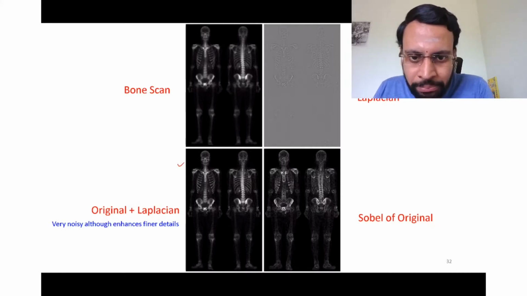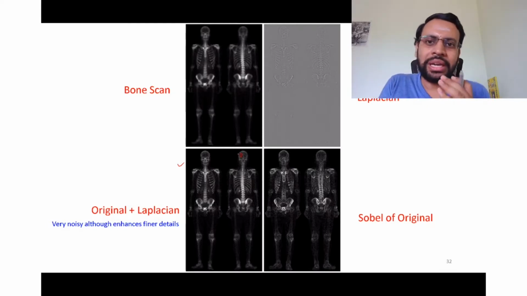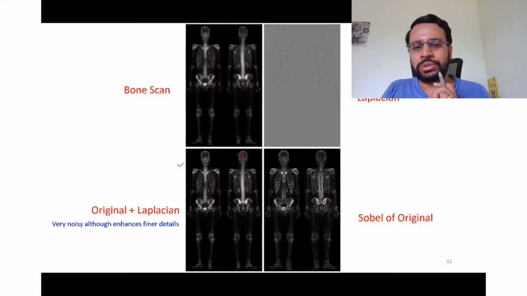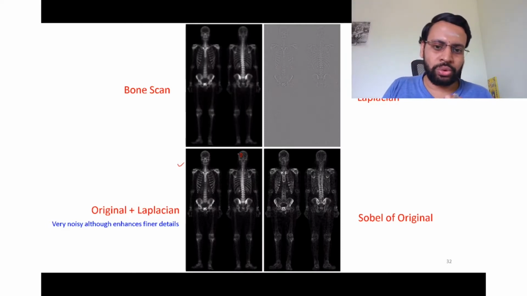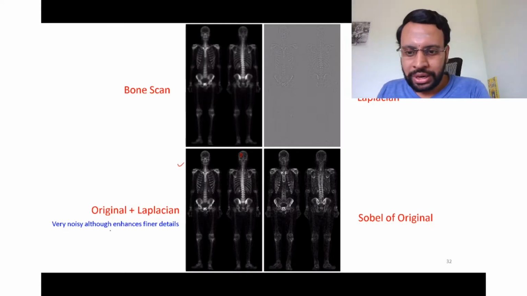At the same time you could also see regions where the noise is also getting enhanced. So to deal with that, with Sobel, if you notice there is some smoothing happening, you would get a slight blurring which you won't get with Laplacian. So you keep this for now as it is.